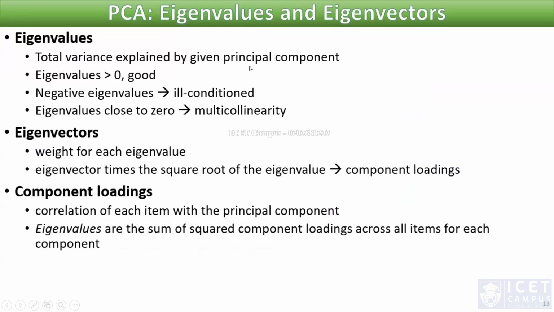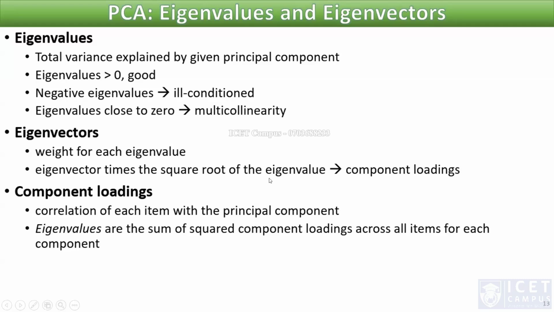Total variance is explained by the given principal components, eigenvalues. We can see whether these eigenvalues are greater than 0, that is good. Negative eigenvalues are ill conditioned. Eigenvalues close to 0 indicate multicollinearity. Then eigenvectors, right? These are needed for the interpretation, that's why they are given there. Eigenvectors are the weights of each eigenvalue.